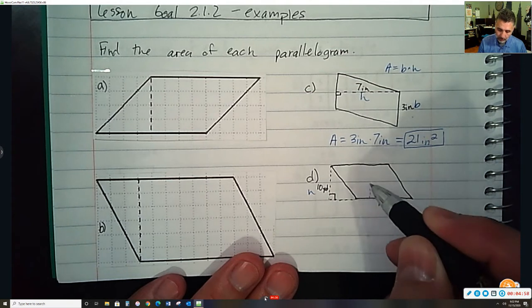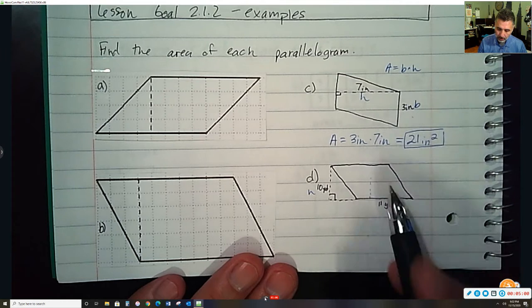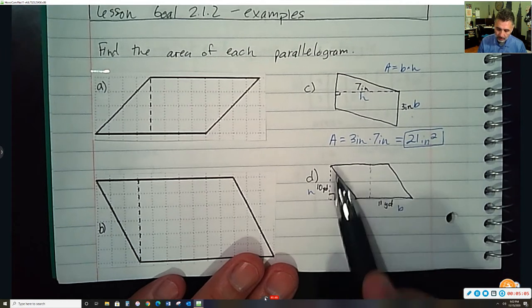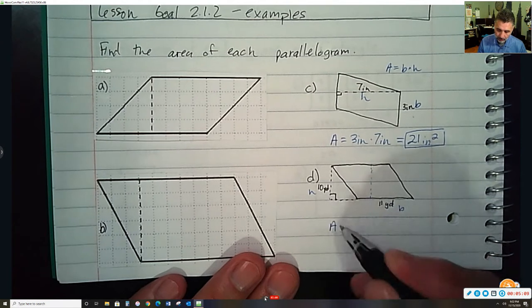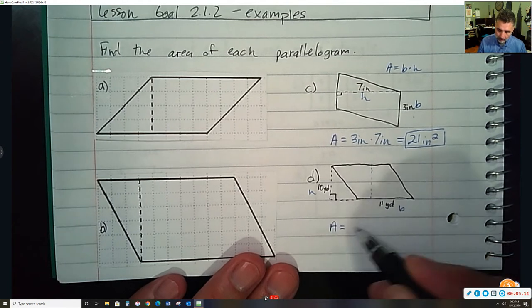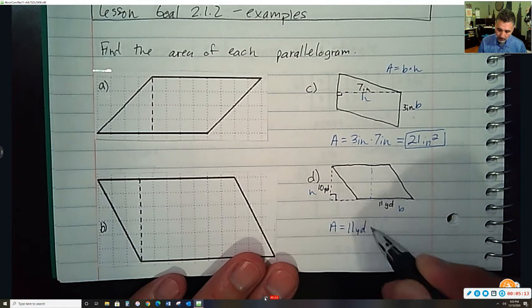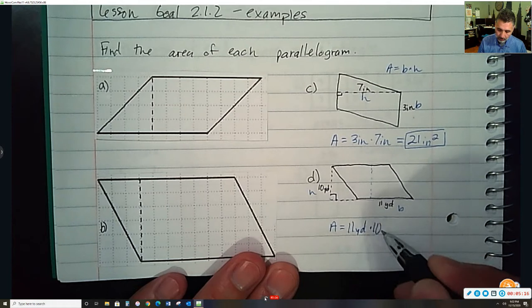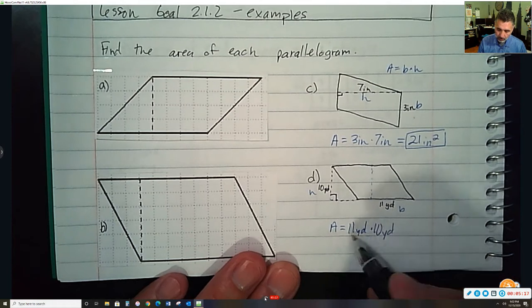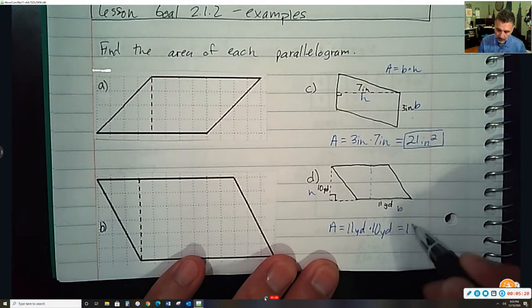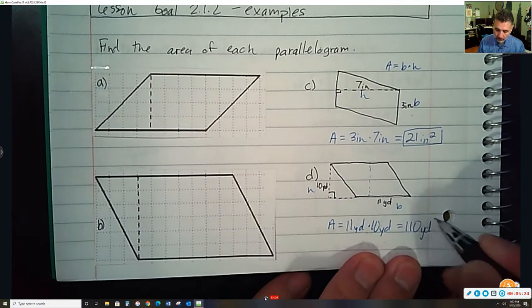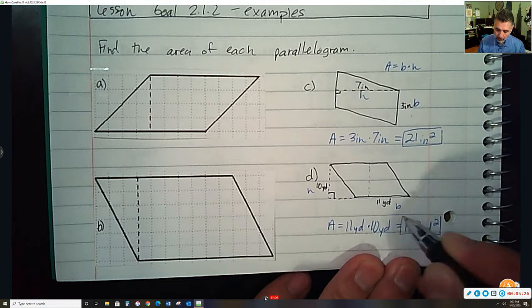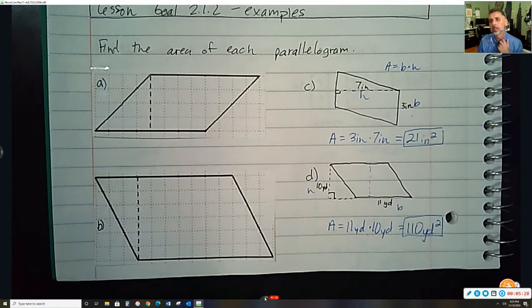Even though it's not inside, this distance is the same as this. So that's the height. So area is base 11 yards times height 10 yards. Multiply 11 and 10. You get 110 yards, and yards makes yards squared. So again, those are the easier ones.